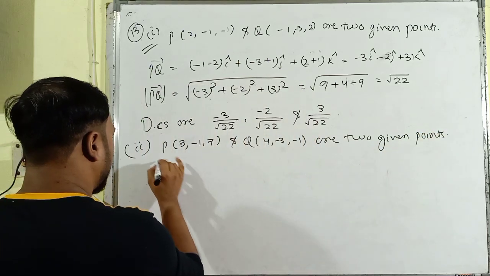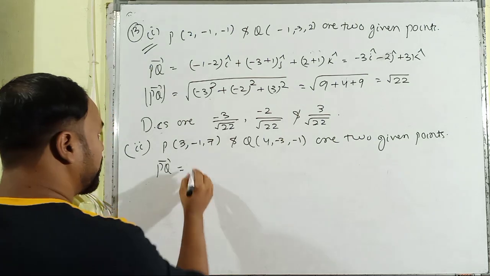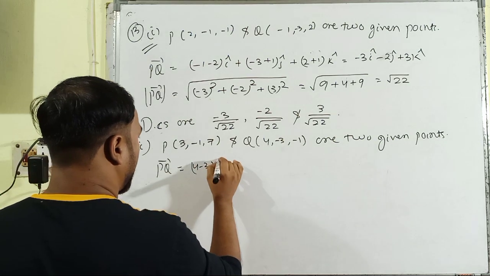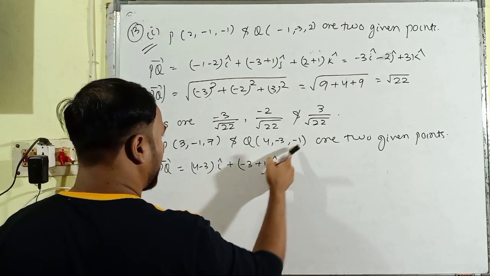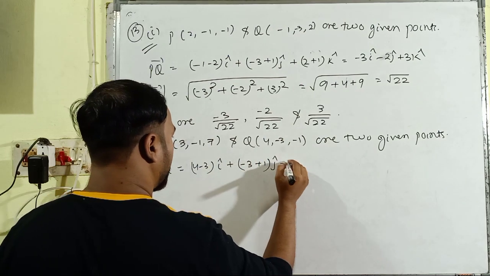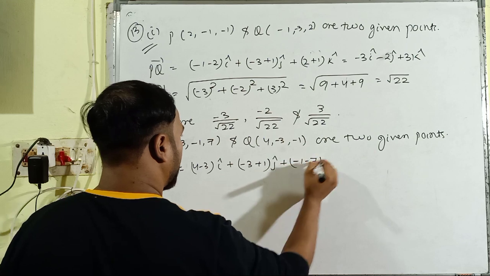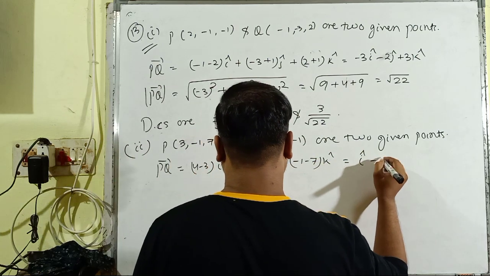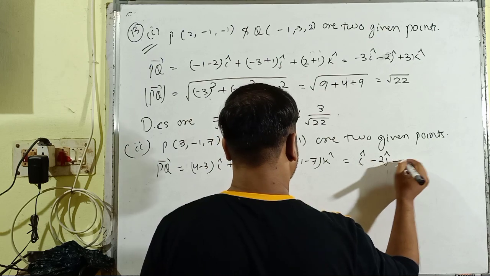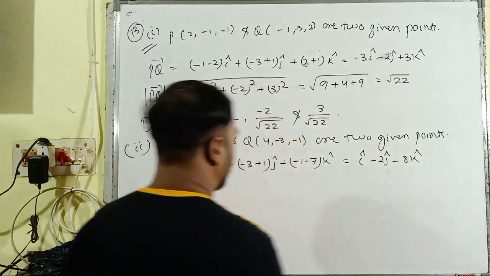Then here PQ vector is equal to (4 - 3) i cap plus (-3 + 1) j cap plus (-1 - 7) k cap, and here it is i cap minus 2 j cap minus 8 k cap.